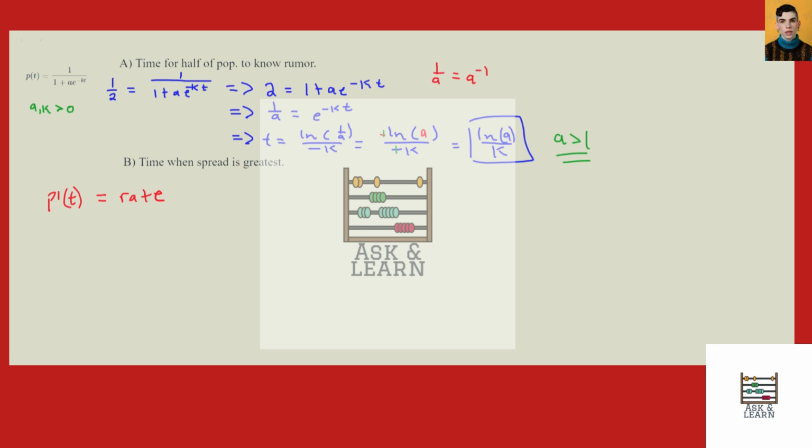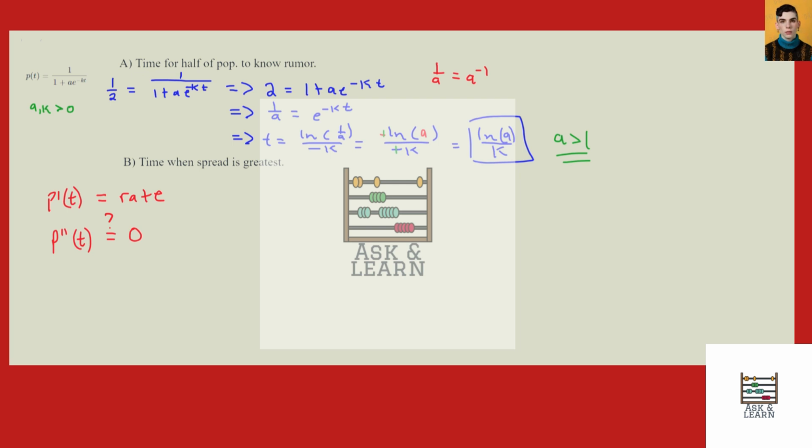And then if we want to find when the rate is at its largest, that means we need to look for the critical values of the second derivative, or the derivative of our derivative. So this is the derivative that we're going to want to find to be able to find our critical values once we set this equal to 0. So this is what we want to determine.